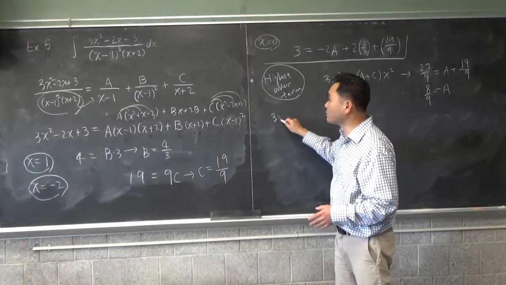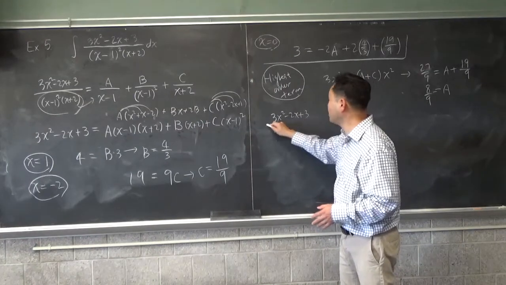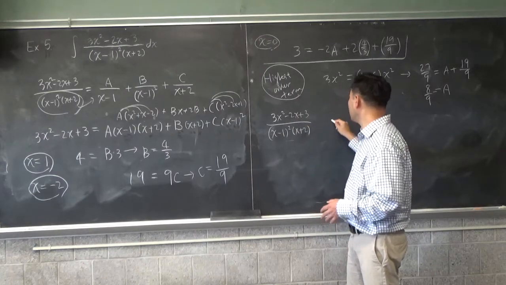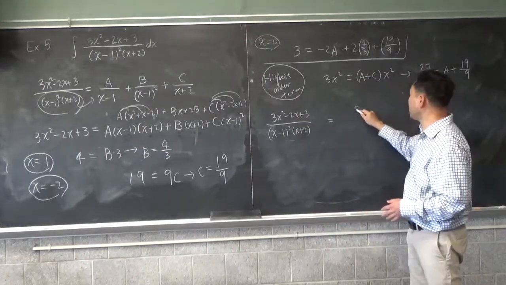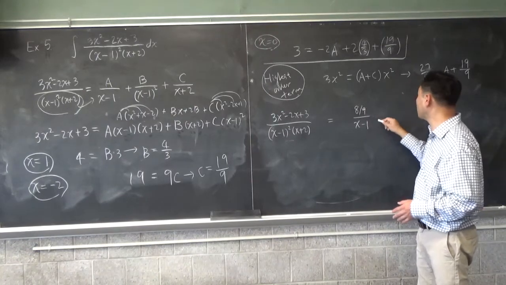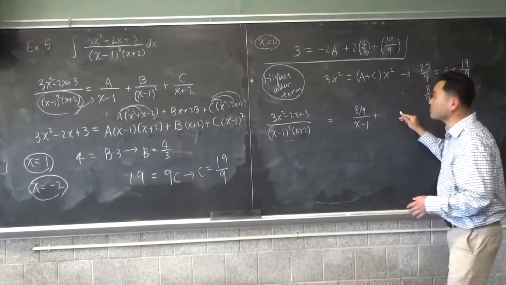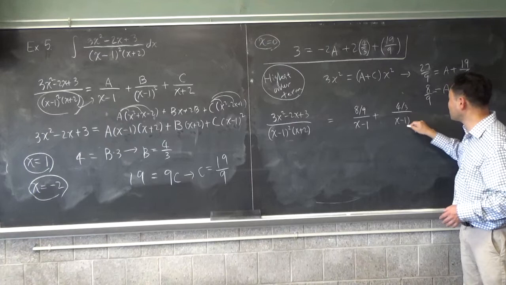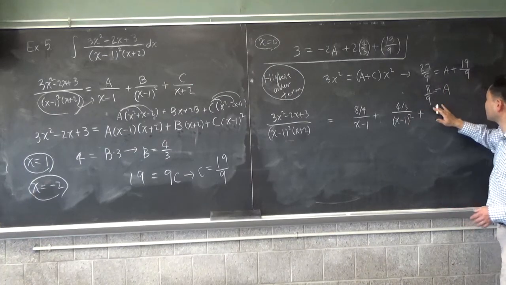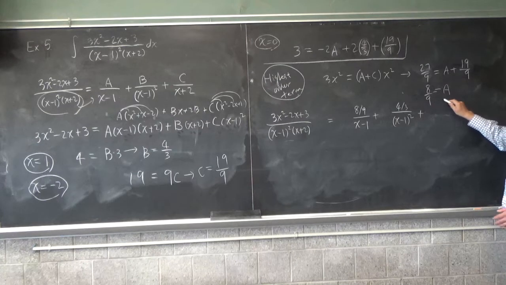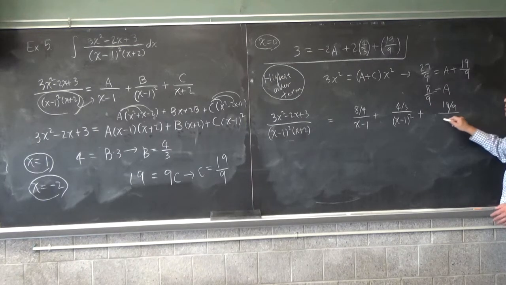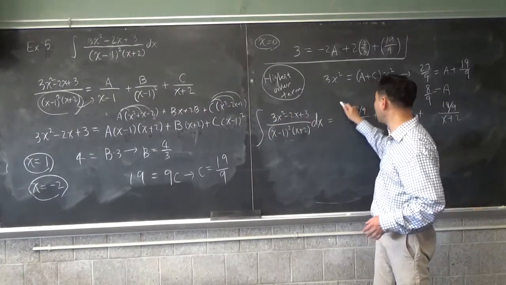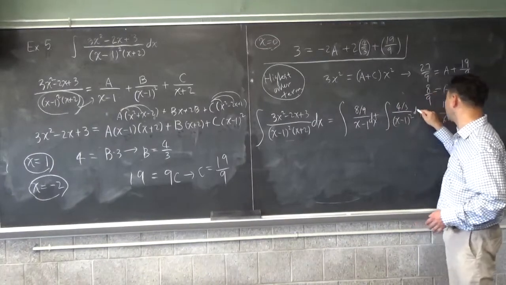Now we know that 3x squared minus 2x plus 3 over x minus 1 squared, x plus 2, is equal to 8 over 9, x minus 1, plus b, where's b? 4/3. 4/3, x minus 1 squared, plus 19 over 9, x plus 2, and therefore integrating this is the same as integrating each one of these.